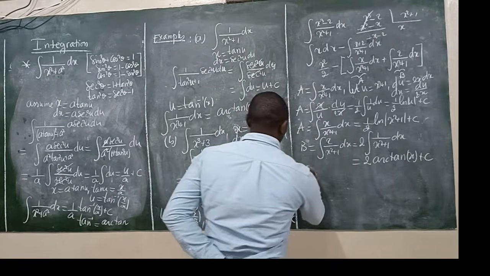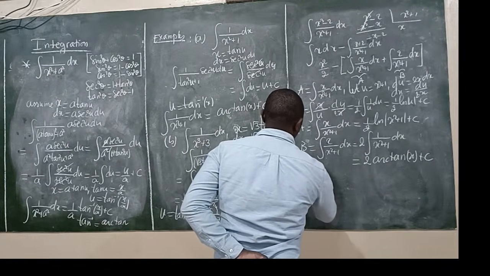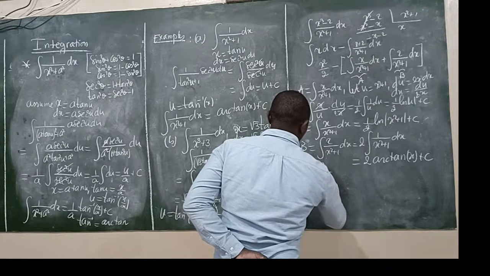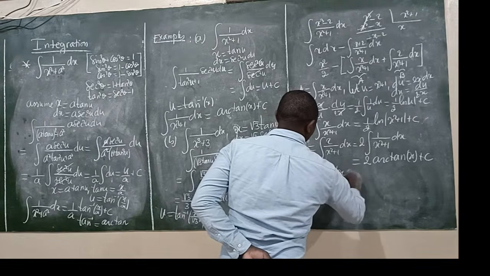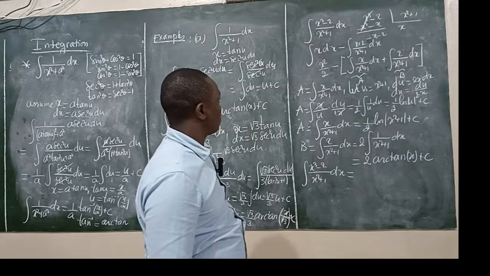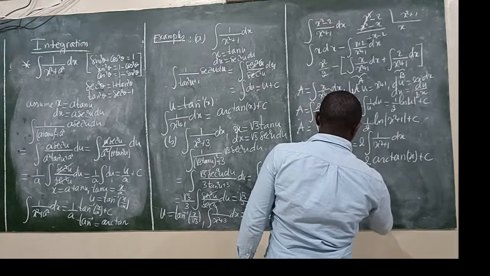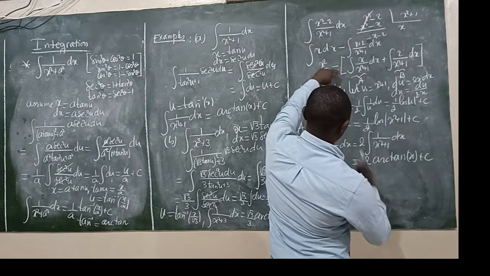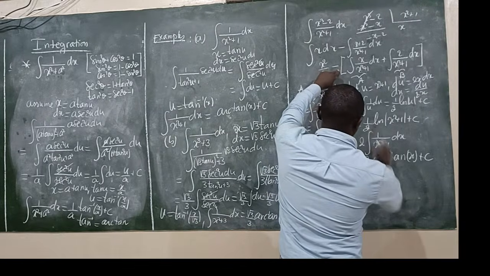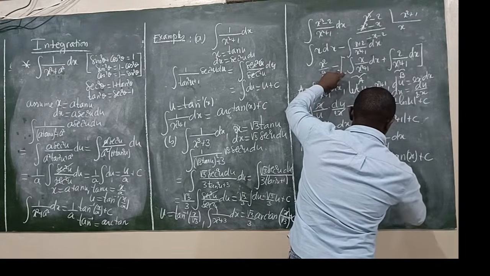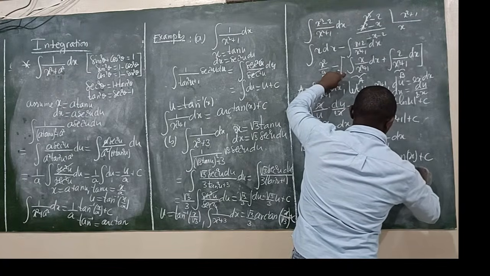Now, the integral of x to the power 3 minus 2 divided by x squared plus 1 dx is equal to, we need to take this, x squared over 2. This minus times this, we have minus 1 over 2 times the natural log of x squared plus 1.